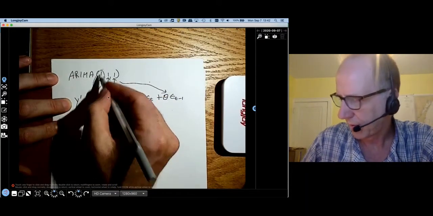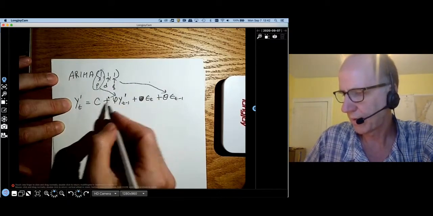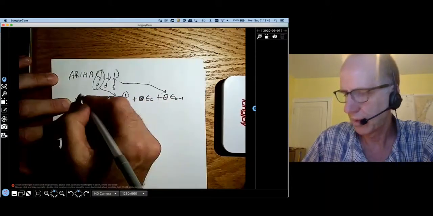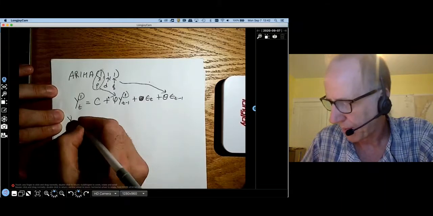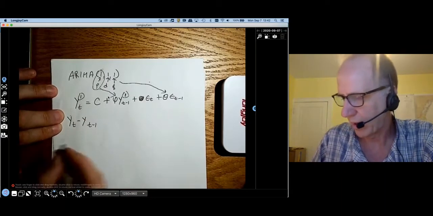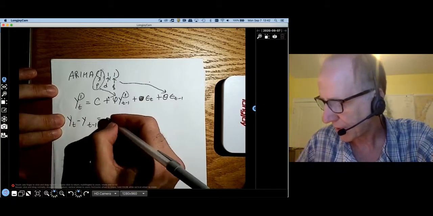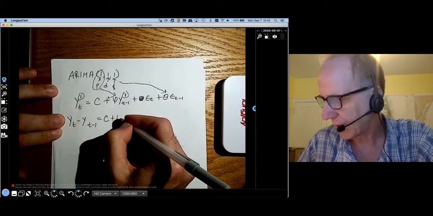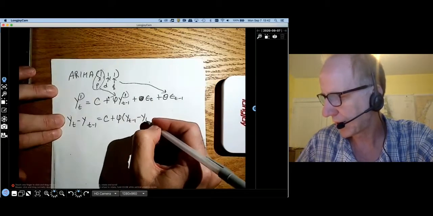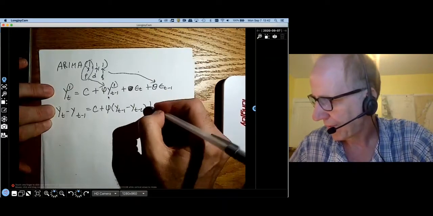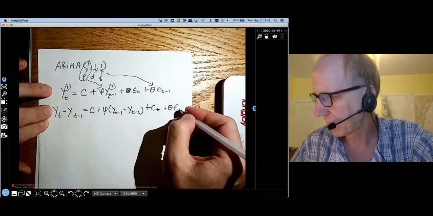This term is saying we need this piece, and then the differencing is saying you need the primes there. This is really y t minus y t minus 1. So that's the difference at time t is equal to c plus phi times (y t minus 1 minus y t minus 2), then we have epsilon t plus theta epsilon t minus 1.